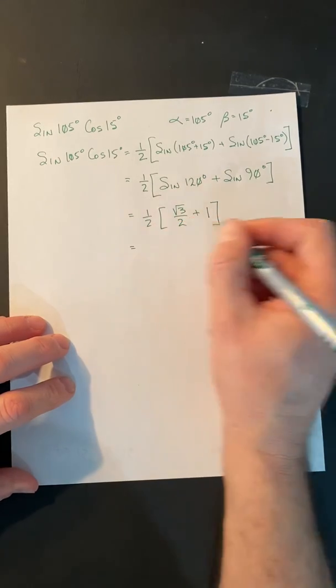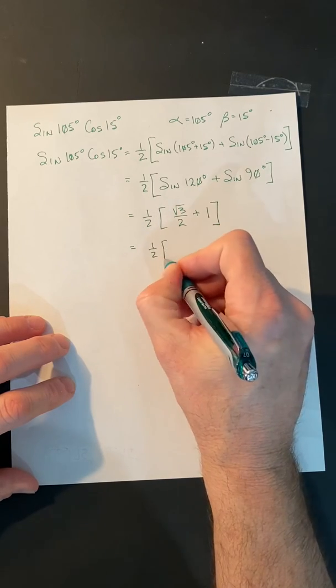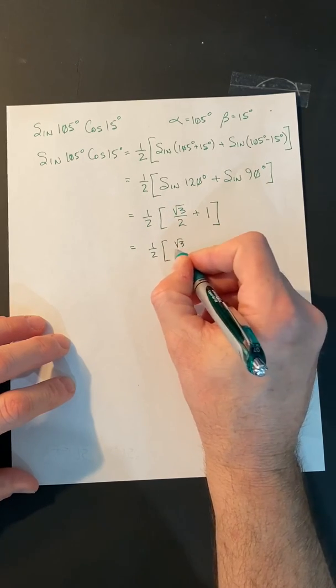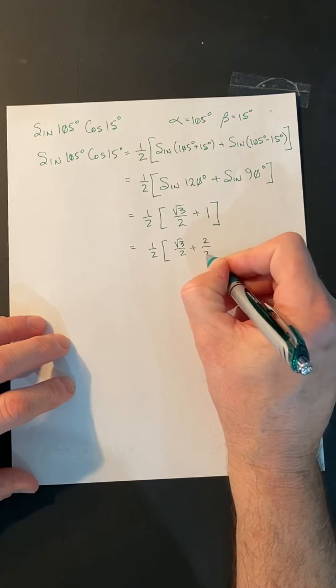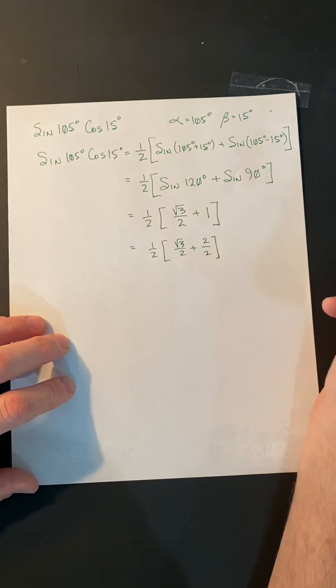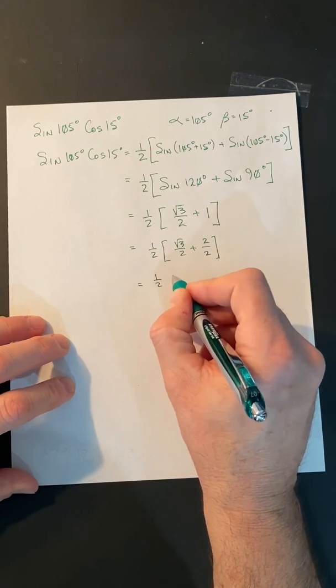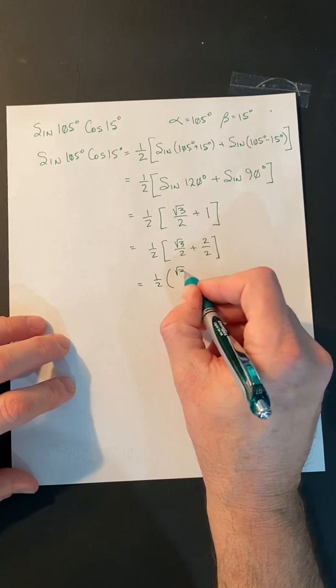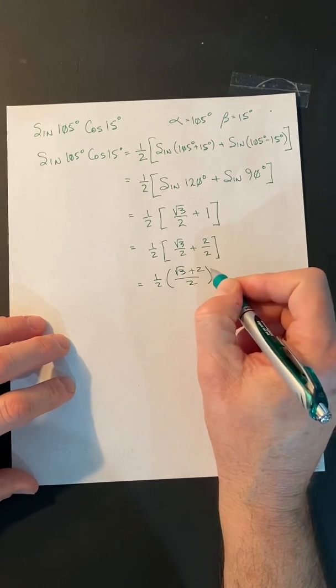So I'm going to have to now do some simplifying. I'll have 1/2 radical 3 over 2. What's 1? 1 is 2 over 2, isn't it? So I'll have 1/2 of radical 3 plus 2 over 2.